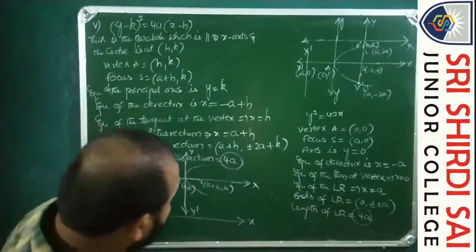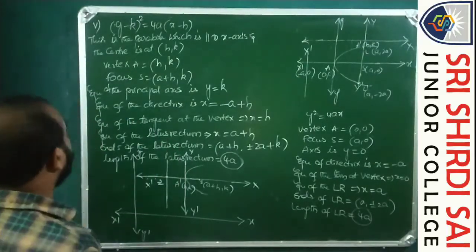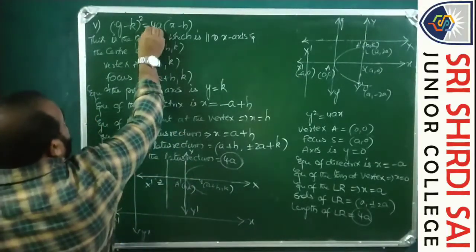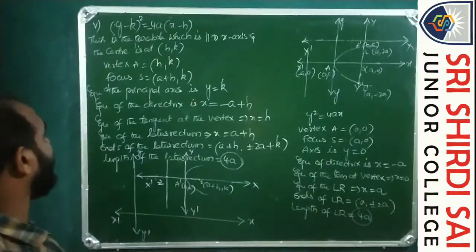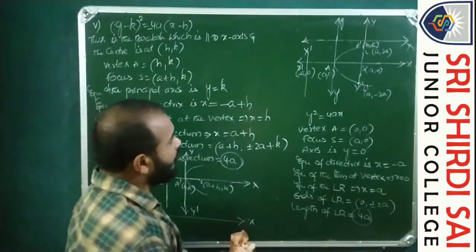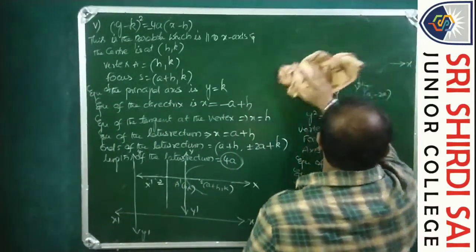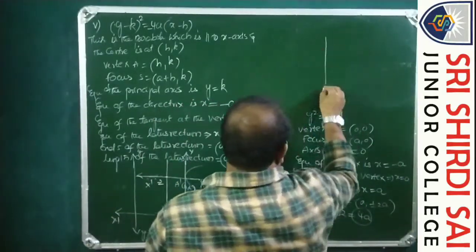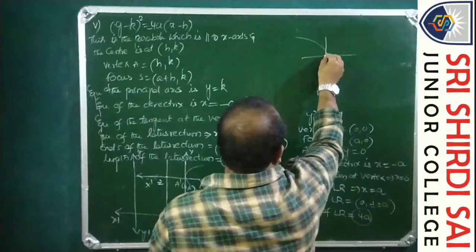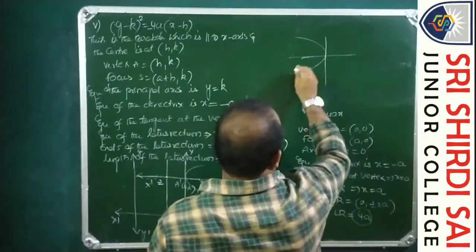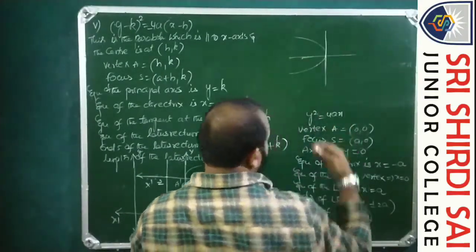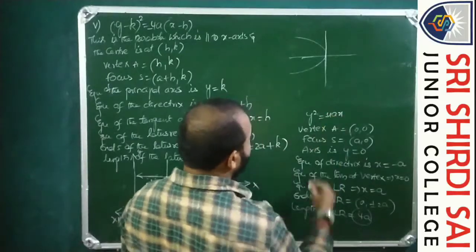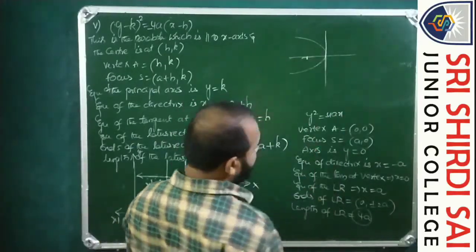Now the next concept is y minus k whole square equals to minus 4a into x minus h. So for the parabola y square equals minus 4ax, the vertex is how much?